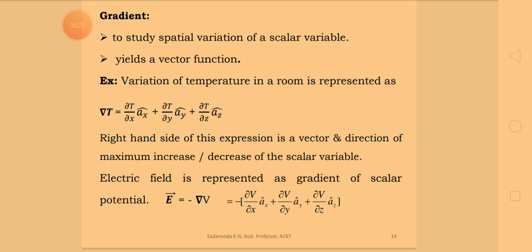Even the electric field can be expressed as a gradient of scalar potential. I have already defined it. The expression for the electric field is equal to minus del V, or in three-dimensional view it can be written as minus open bracket dou by dou x of Vx into Ax cap plus dou by dou y of Vy into Ay cap plus dou by dou z of Vz into Az cap.